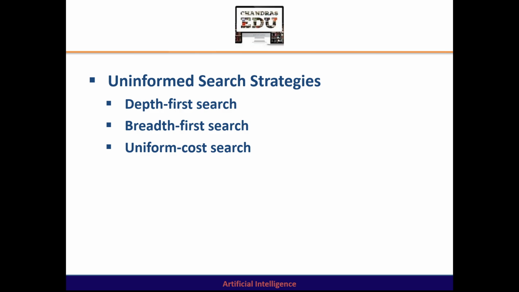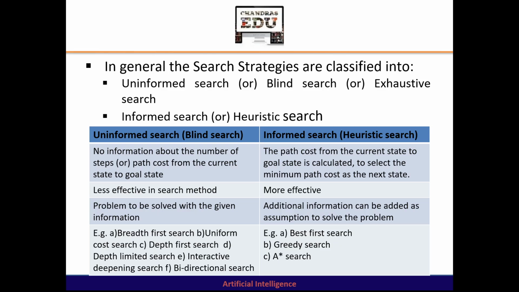So in uninformed search strategies, the important strategies are depth first search. Next, we have breadth first search, as well as the uniform cost search, and even some more uninformed search strategies are there. We'll see as we proceed in the course. And what is an uninformed search and what is an informed search?